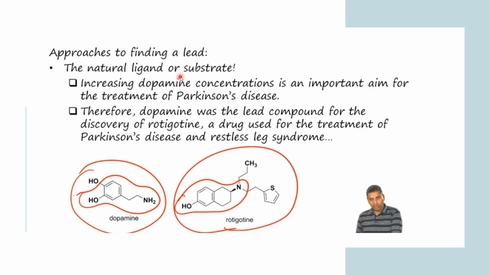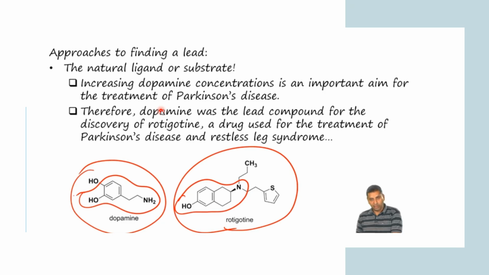And from there, you will develop another molecule which has higher biological activity or higher potency. So if you take the case of Parkinson disease, as we know, a higher concentration of dopamine is not preferable, right? We know that increasing the dopamine concentration is an important aim for the treatment of Parkinson disease.